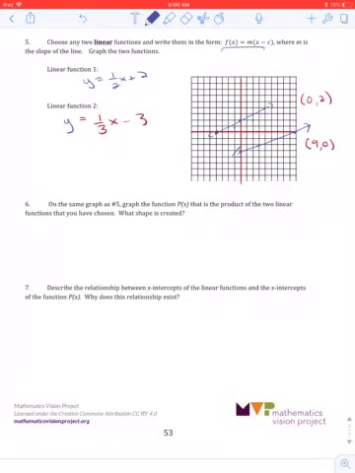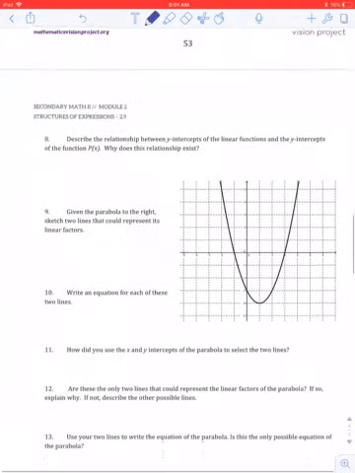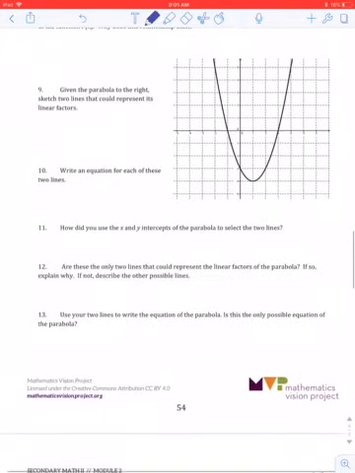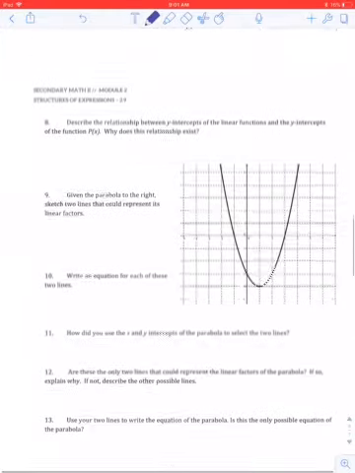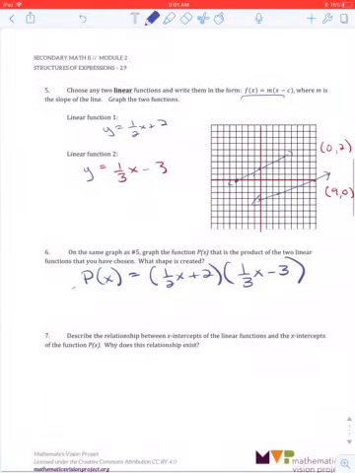That is the product of two linear functions that you've chosen. So p of x is going to equal the first one times the second one. And then you're going to have a lot to do comparing the three of these graphs in these next few questions. So go ahead and work your way through that.